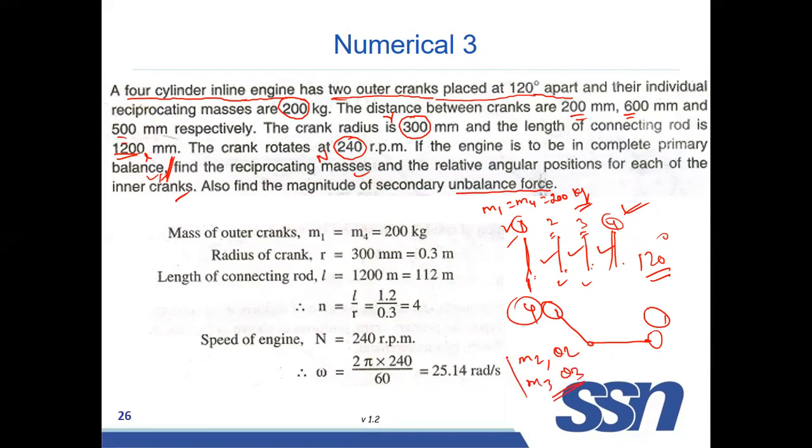How to find? Assuming that the engine is completely primary balanced, that is, the primary force is balanced, primary couple is balanced. By assuming that, you find the value of M2 and theta 2, M3 and theta 3, and finally check what is the secondary unbalanced force. This is the given problem.